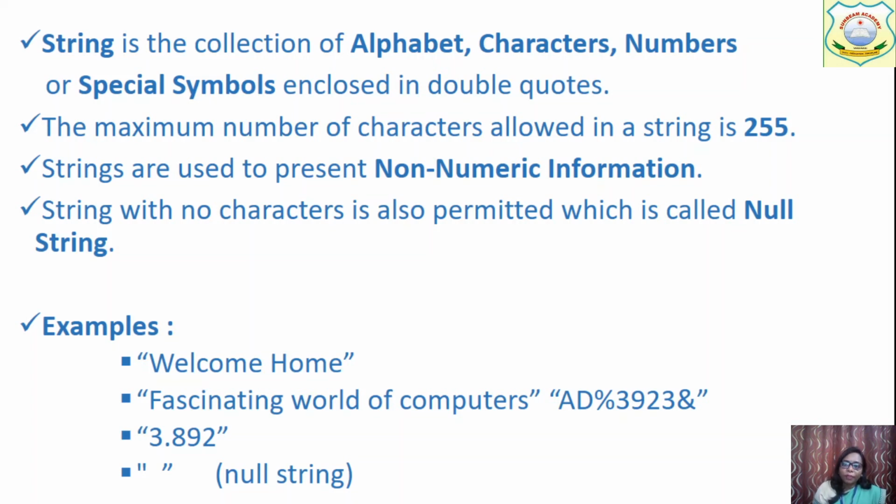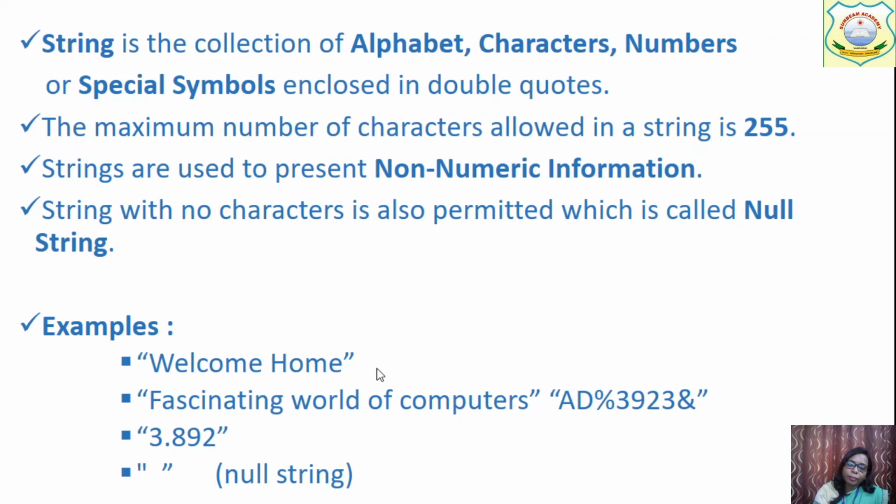There should be alphabets, characters, numbers or special symbols, but the condition is it should be enclosed between double quotes. Just see the example. What is written here? Double quote, welcome home, and double quote. It is enclosed between double quotes, means एक starting में भी आपको double quote देना है और end में भी. Then only it will print as it is, and this is called a string.